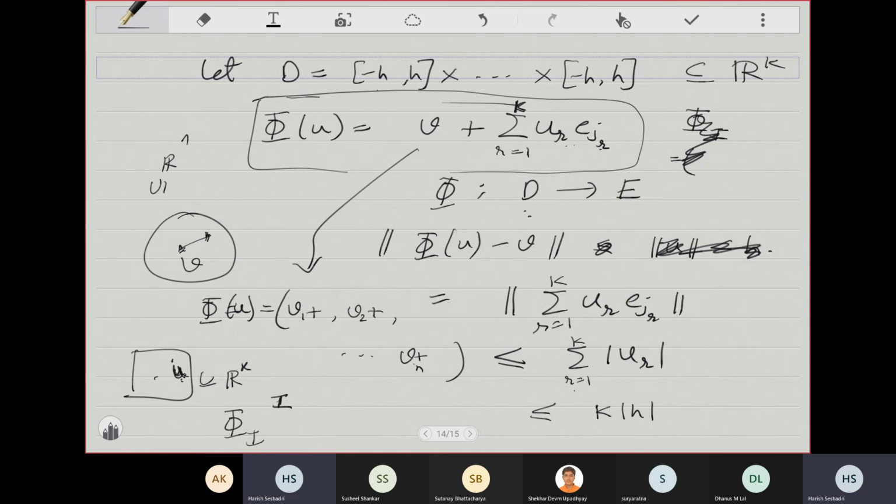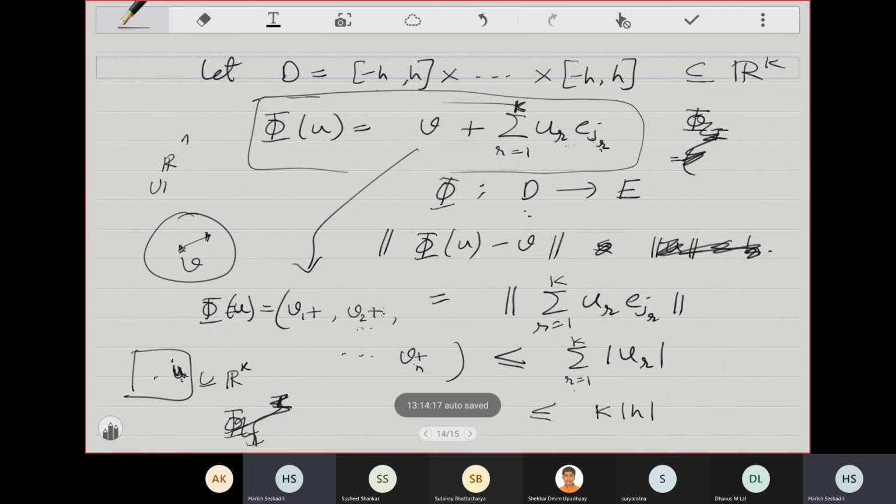First let me say the plus: either it will be 0 or it will be some u_r added to that. That's what I'm trying to say. When is u_r added to that? Only for those indices which correspond to J_r. The indices coming from the multi-index J, there you will have u_r added. Otherwise, it will be just zeros.